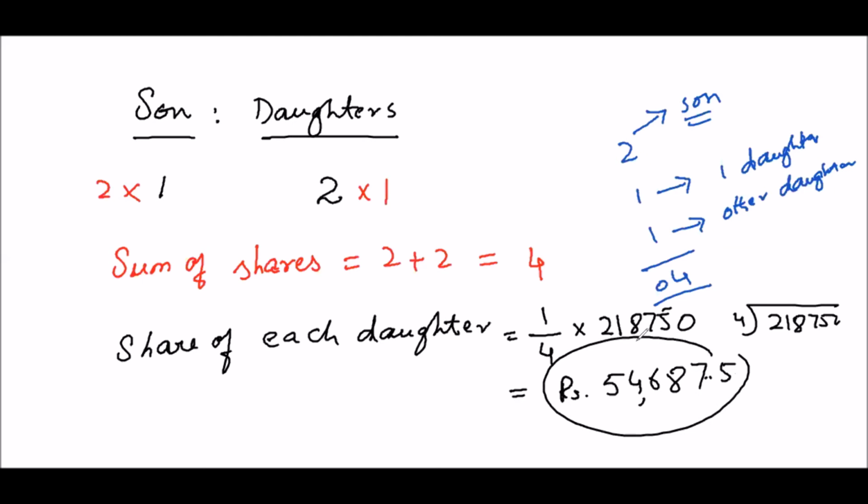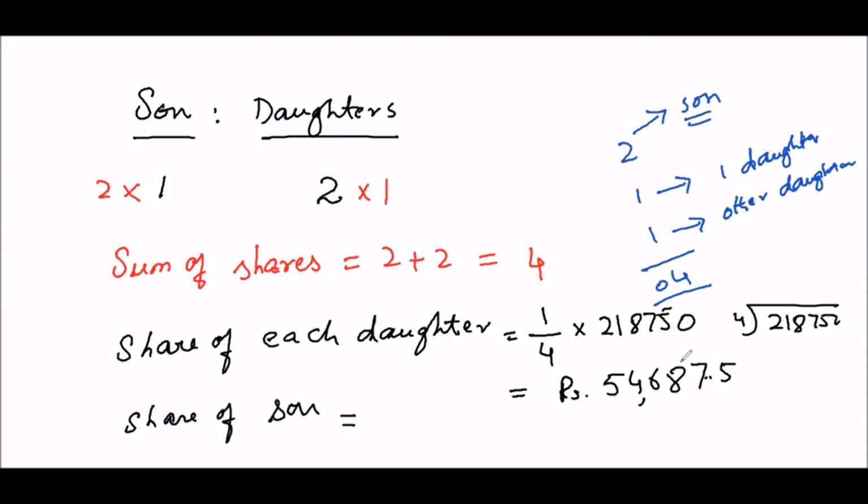So one part, the same amount will go to the 2 girls or 2 daughters, and boy's share or share of son, we know that he will get double of this amount, so you can multiply it by 2. 109,375.